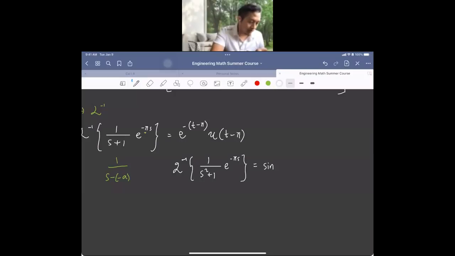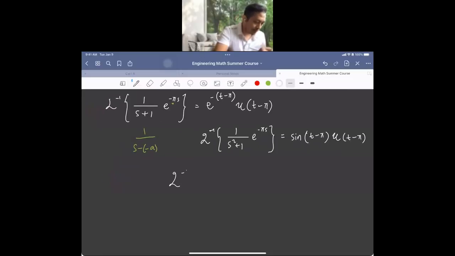The shift a is pi, so sine (t minus pi) and then Heaviside (t minus pi). And lastly, we have s over s squared plus 1, similar to sine, but this is cosine: cosine (t minus pi) and Heaviside (t minus pi).